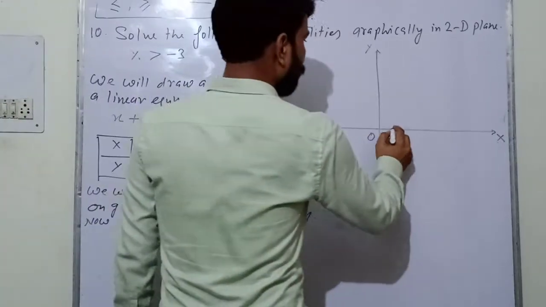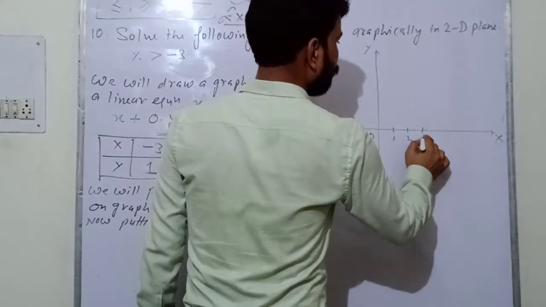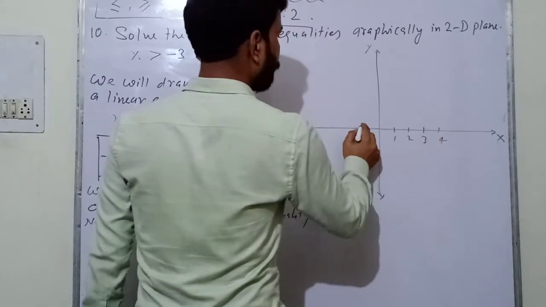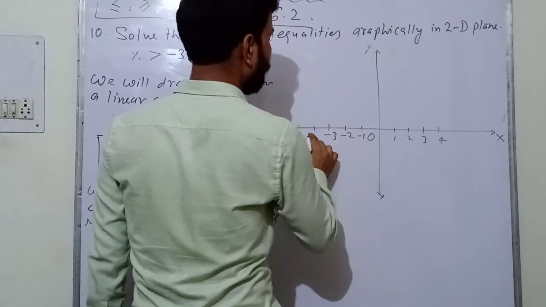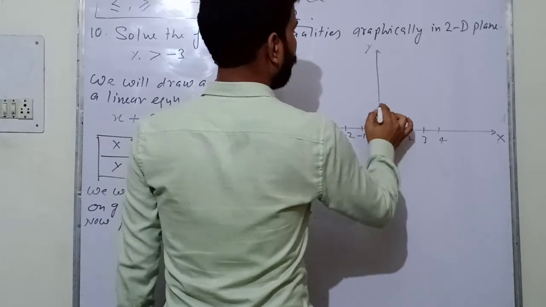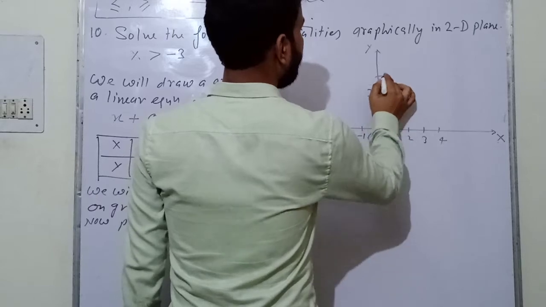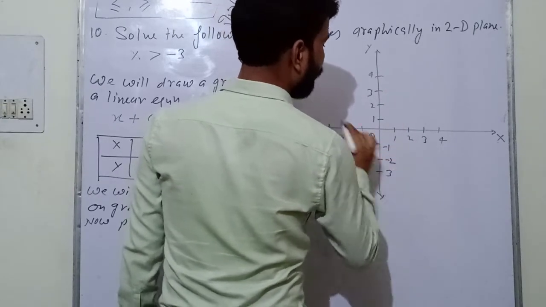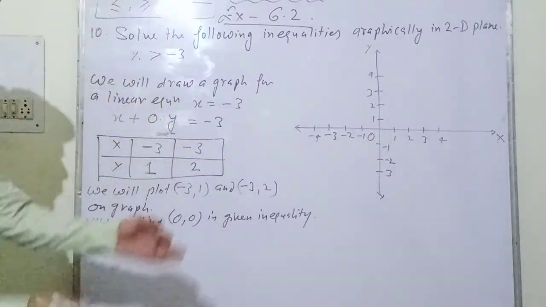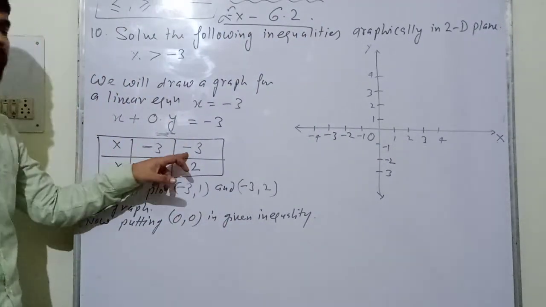So 1, 2, 3, 4, -1, -2, -3, -4, 1, 2, 3, 4, -1, -2, -3, and so on. Why am I taking minus? Because one point is minus.